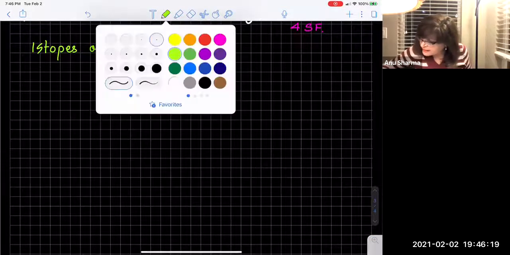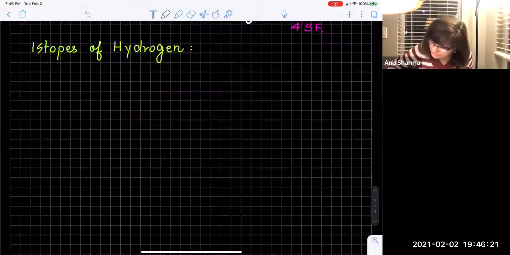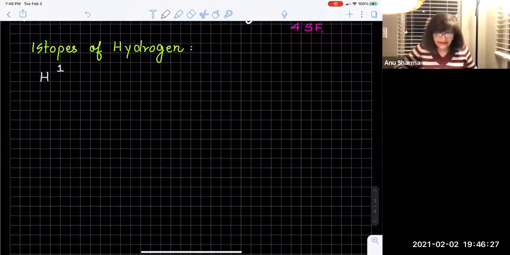So how do they look like? Here is the hydrogen, 1 proton, and that's a mass number. Okay, here, hydrogen, 1 proton and 1 electron.